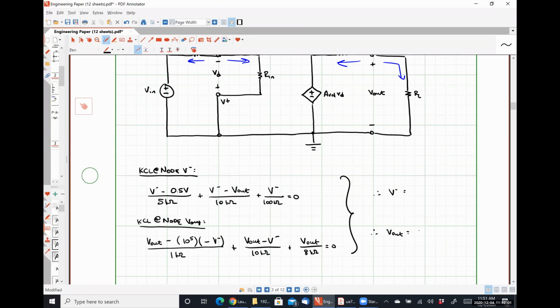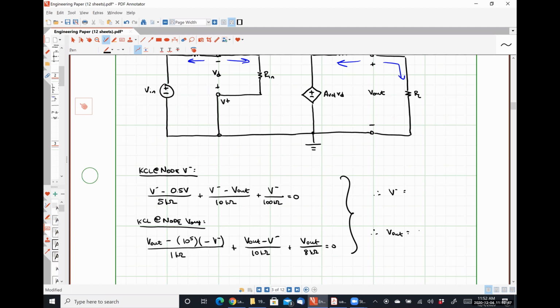So 100,000 divided by 1,000 plus -1 over 10,000 for the inverting voltage.